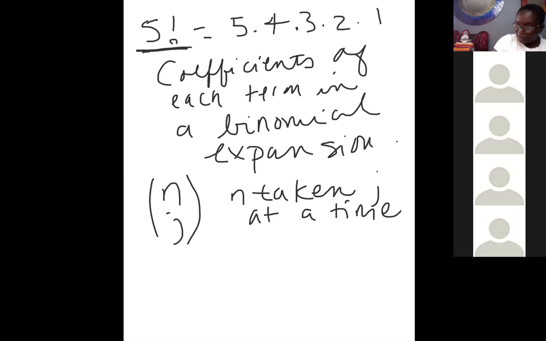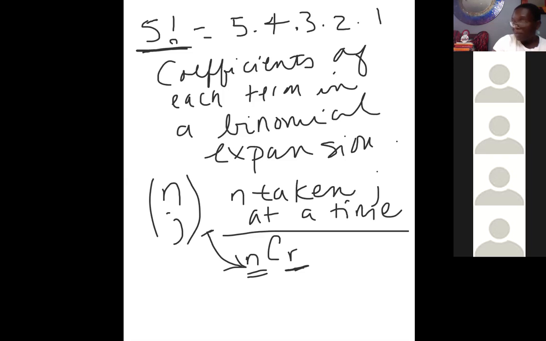Now, earlier, I told you guys to find this symbol on your calculator, nCr. By the way, guys, this and that are the exact same thing. The combination of n items taken r at a time and taken j at a time is the same thing, all right? Any questions, guys?